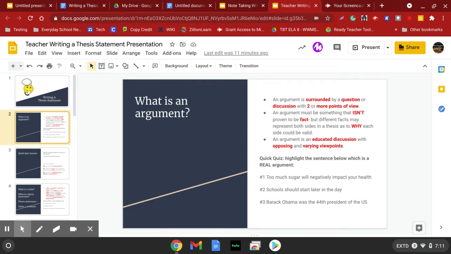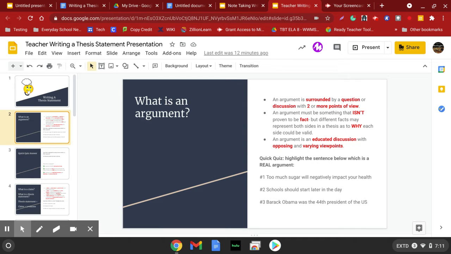An argument is an educated discussion with opposing and varying viewpoints. So you are able to have a conversation with someone that may disagree with what your thoughts are because there could be multiple views. Educated discussion means that you have to have evidence to prove your thinking.